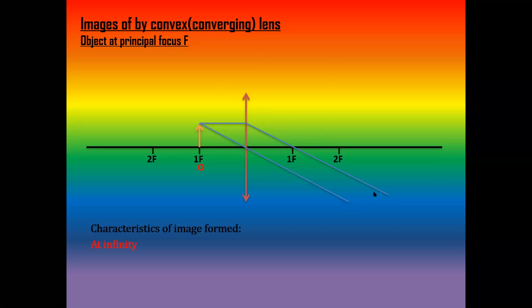It cannot be shown on the notebook or on this figure, because even if I continue the lines, they will not intersect on the screen. It would take too long a length to draw and show the intersection. That's why we simply say it will be a real image, but formed at infinity or far away from the lens.